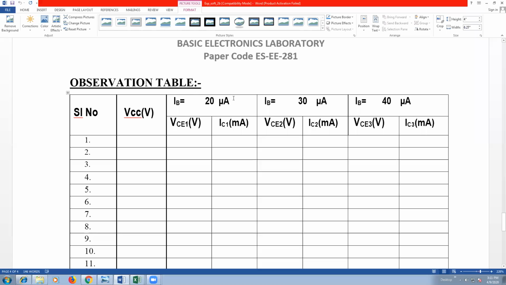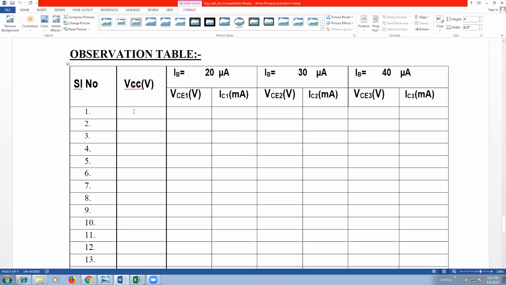First, IB we have to keep at 20 microampere for the first set of readings. Then we have to increase VCC from 0 volt with a difference of 0.2, that is 0, 0.2, 0.4, 0.6, 0.8, 1. Proceed up to 2 or 2.5 or 3 volt.